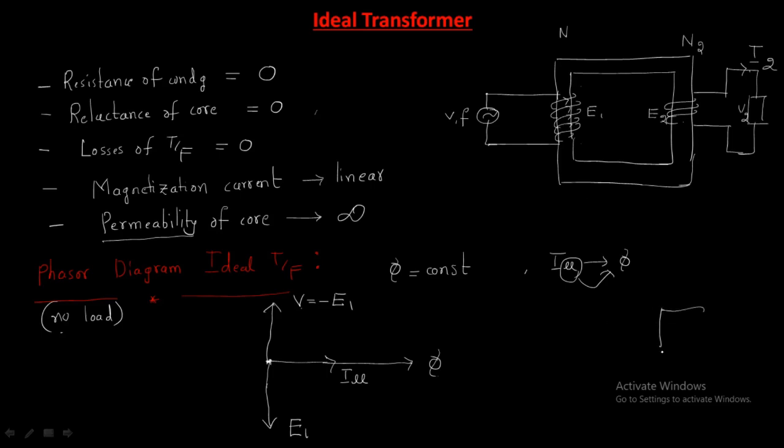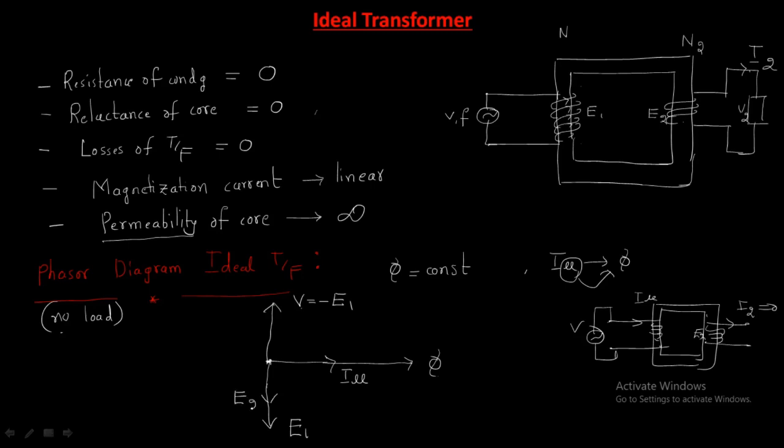So we will construct a small transformer. In this no load construction is like this. So we are giving supply. So this is the V, and the magnetizing current is decided here, and this open means I2 is 0 as well as there is no V2 actually, so that's why E2 will be less.